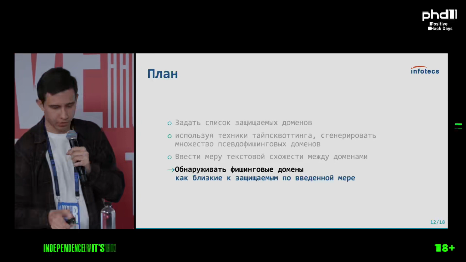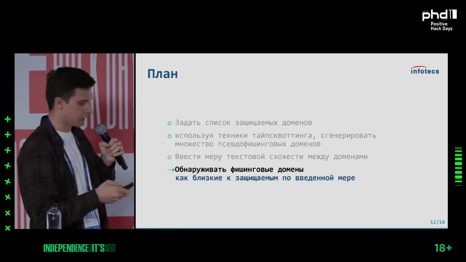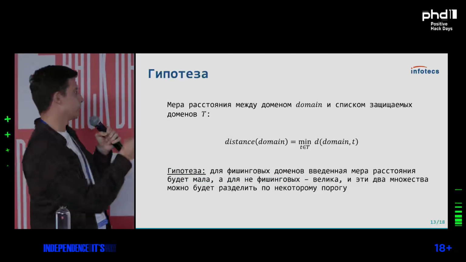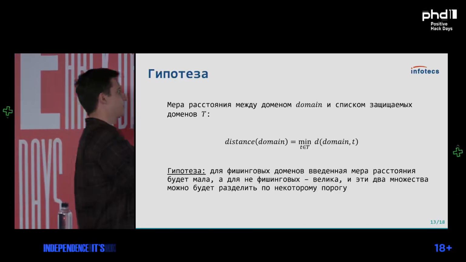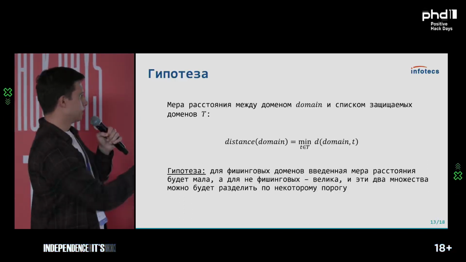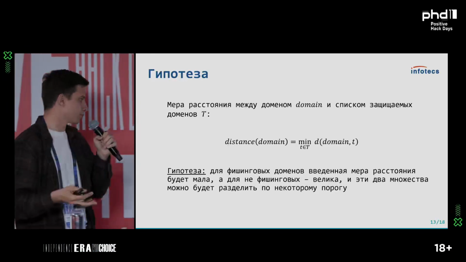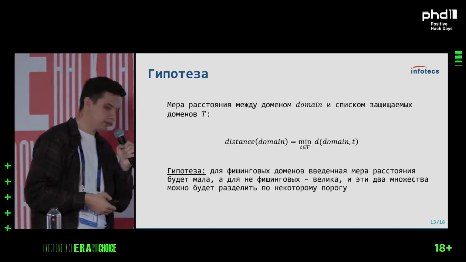When you have everything defined, you just need to develop a technique to find those phishing domains and find the distance between the target domain and the protected domains. So we calculate the distance and find the minimal one.